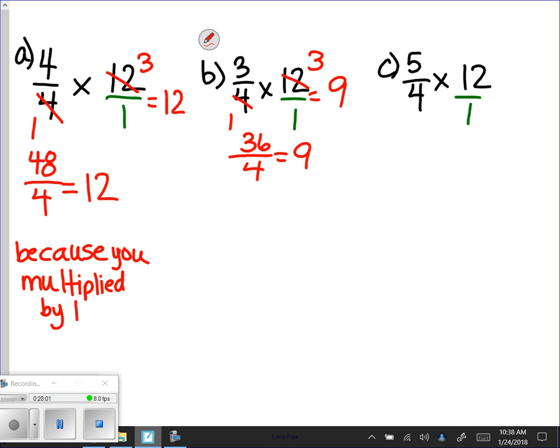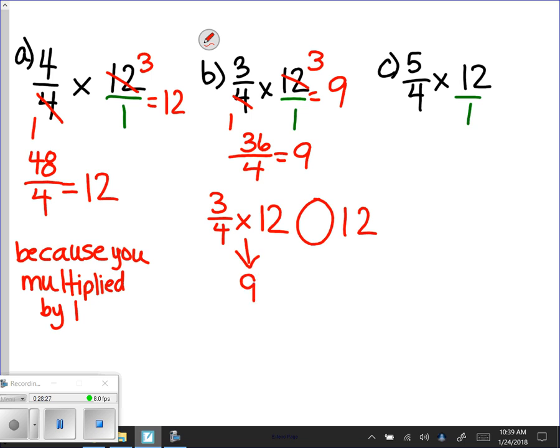So with 3/4 times 12, if I were comparing this to my original first factor of 12, this ended up being equal to 9.